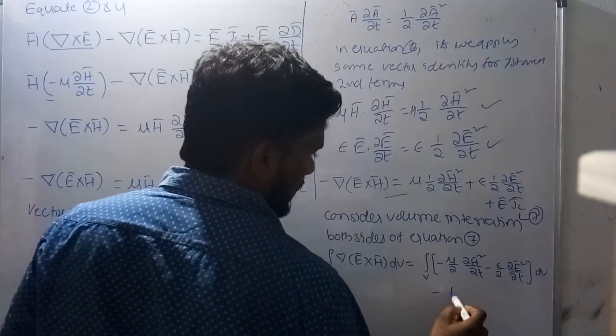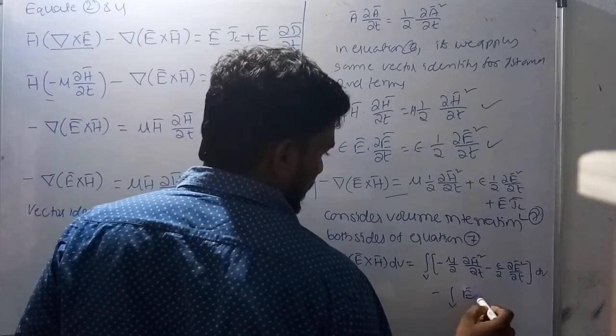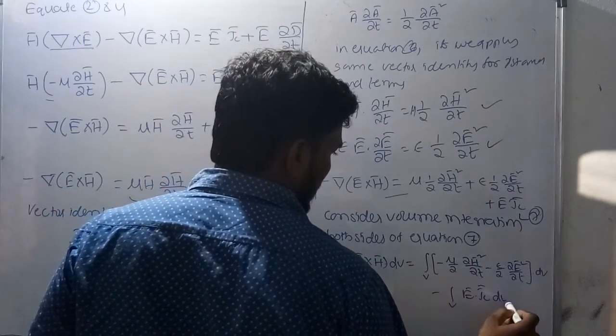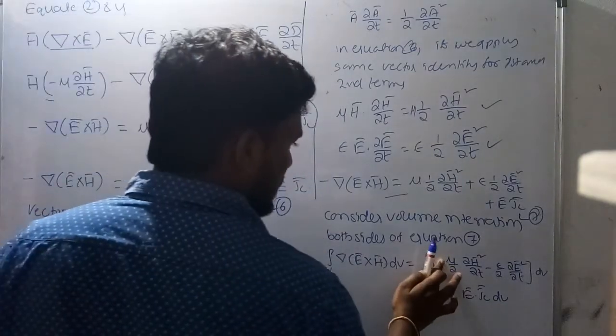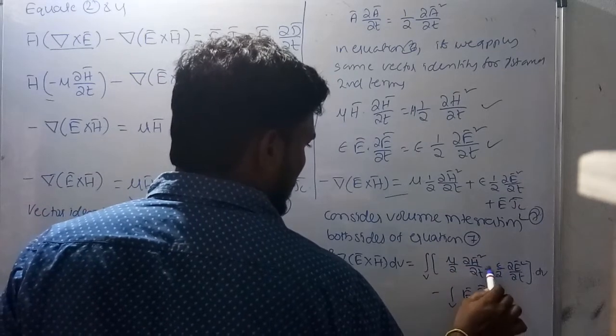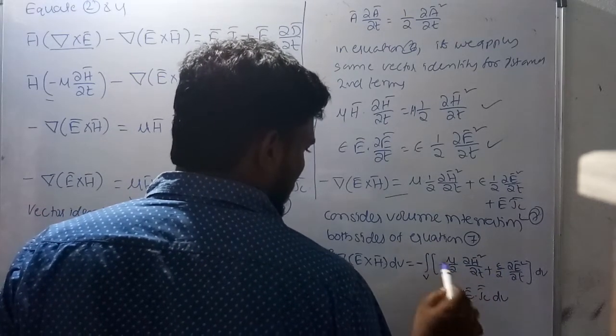Next, again there is a minus here, volume integration of Ē·J̄c dV. Okay, if you write this minus term outside of the integration, it will become plus and it is minus.